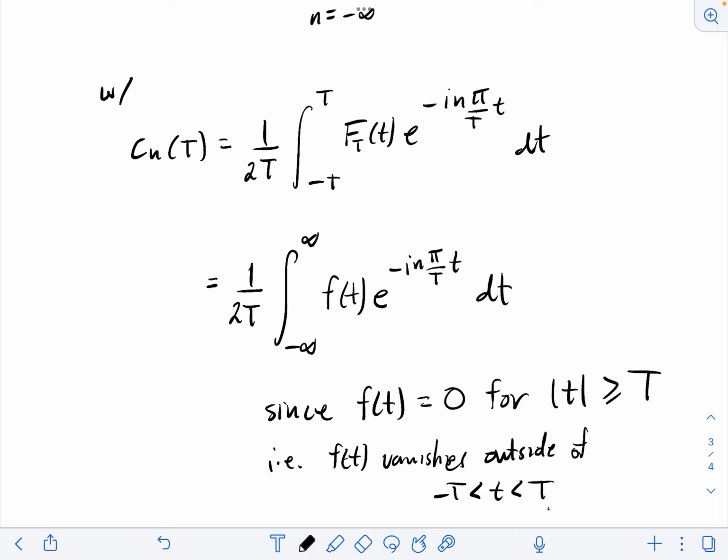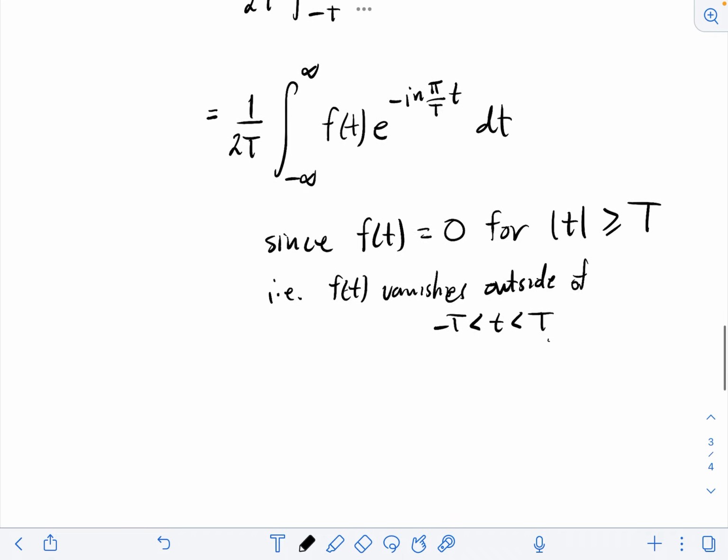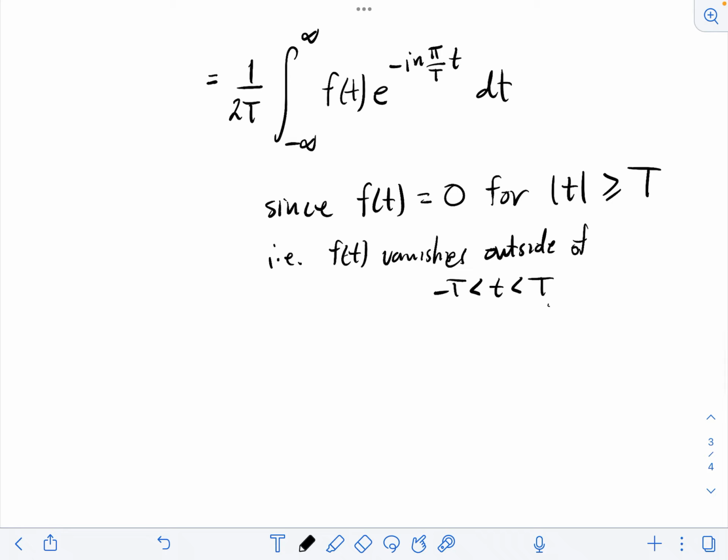Okay, good. So the next thing we'll do is we'll start talking about the nth frequency component. The nth frequency is omega n is equal to, so omega, remember, is 2 pi over 2T, so that would be pi over T would be the fundamental frequency, and then the nth frequency is n times that.